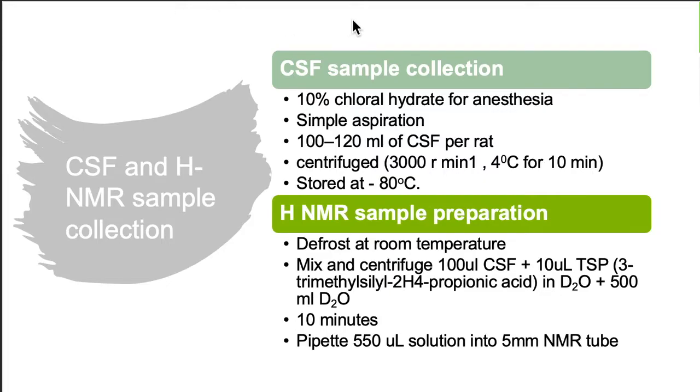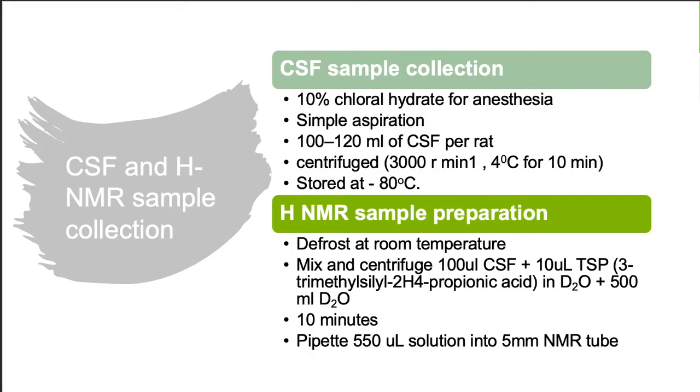CSF sample collection. The rats were anesthetized with 10% chloral hydrate, and then the sample was drawn into the syringe by simple aspiration. It usually yields 100 to 120 microliters of CSF per rat, and then the sample was centrifuged at 4 degrees Celsius for 10 minutes and stored at negative 80 degrees for sample preparation.